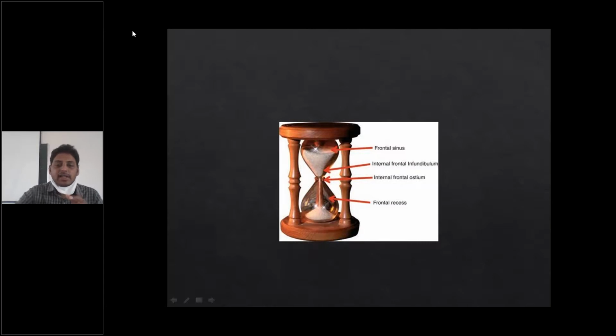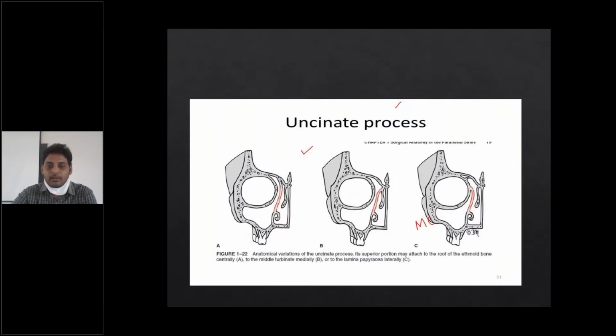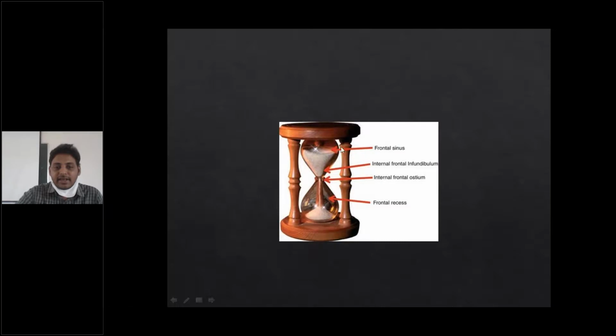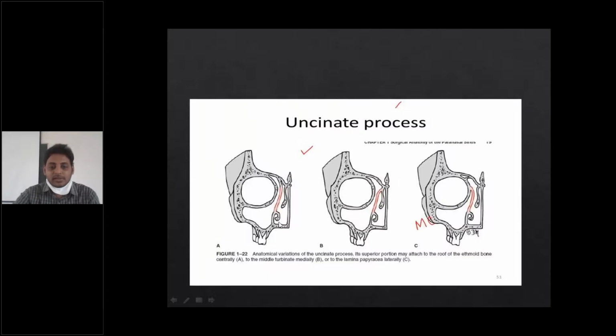But in the frontal sinus you will be clearing the frontal recess and opening the frontal ostium, but usually will not operate on the frontal sinus itself. You go up through the frontal recess, ostium, and frontal sinus, usually in the shape of an hourglass. And this frontal sinus drainage into the middle meatus is also dependent on the attachment of the uncinate process.